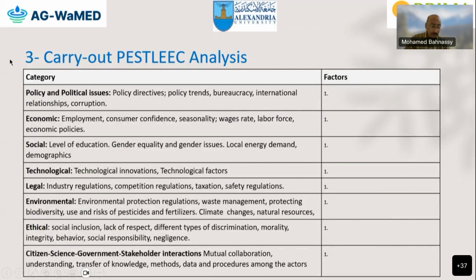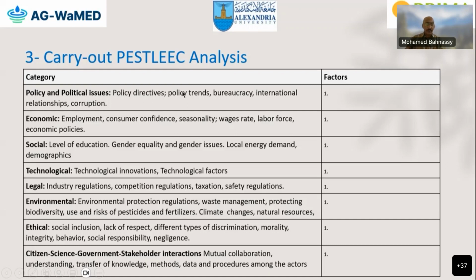The third step, we should carry out what we call PESTLEEC analysis. So what's PESTLEEC analysis? P stands for policy, E stands for economic, S stands for social, T stands for technological, L stands for legal, first E stands for environmental, second E stands for ethical, and C stands for citizen science.